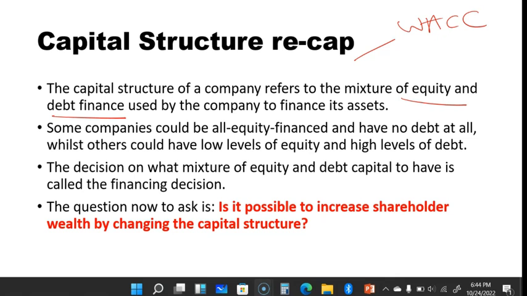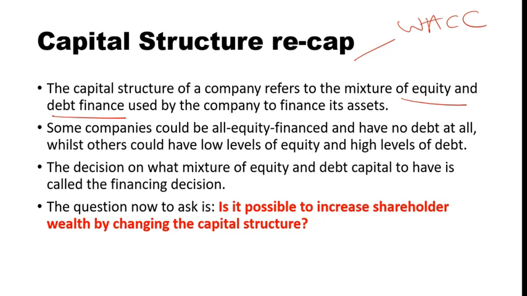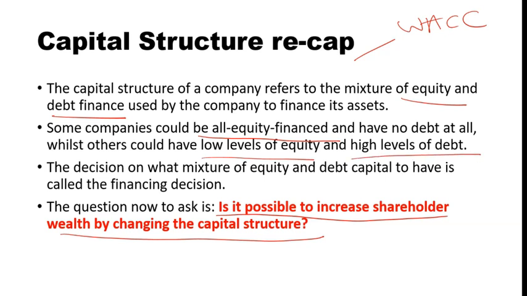There is this interesting question. Is it possible to increase shareholder wealth by changing the capital structure? We already know that there are certain companies which are all equity financed, which means they don't have debt at all, while others could have low levels of equity and higher levels of debt.